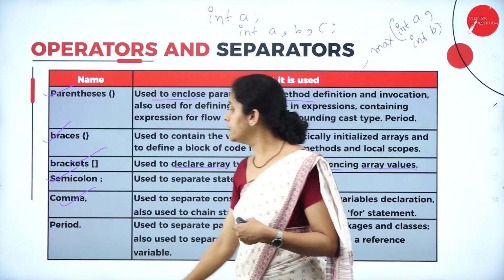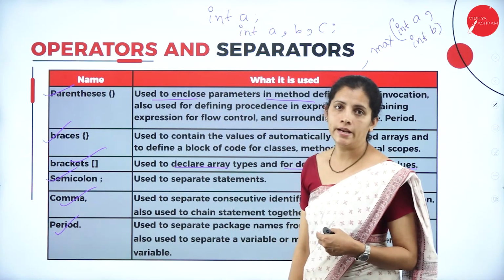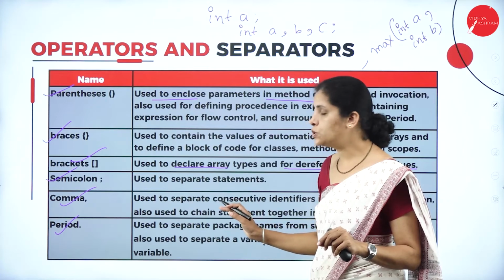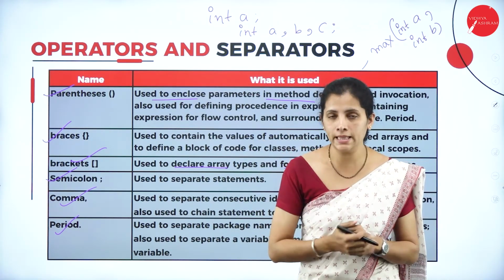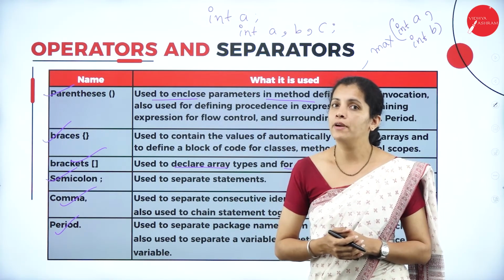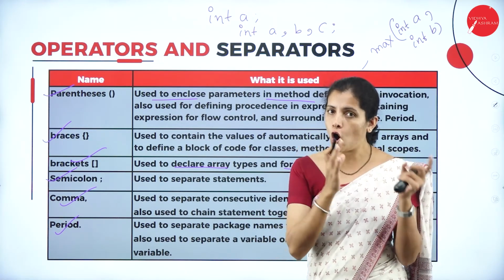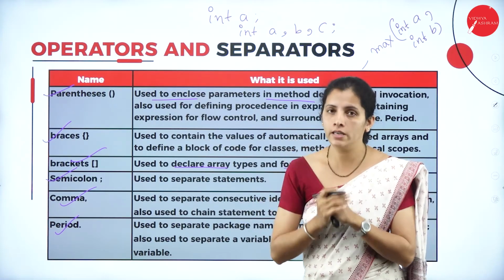Now, the next one, the period. That is nothing but the dot operator. It is used to access methods. That means if I want to access a method, I use object dot method name.